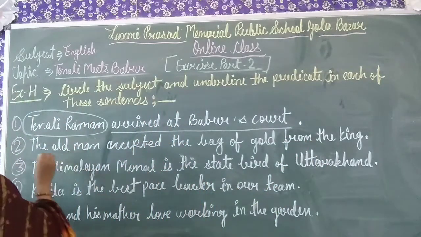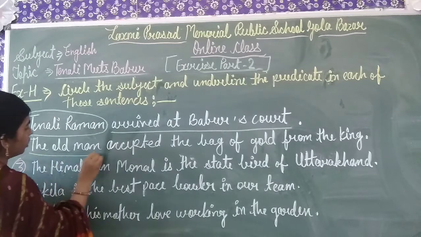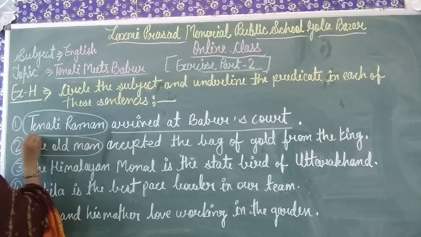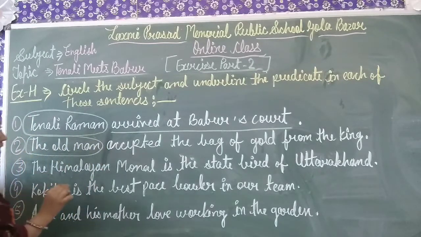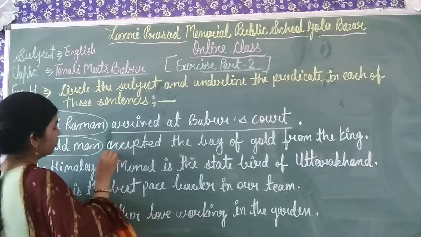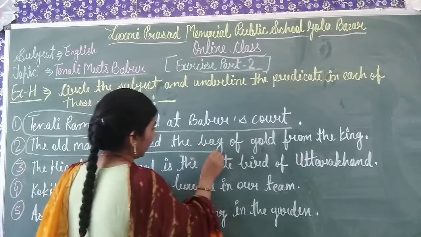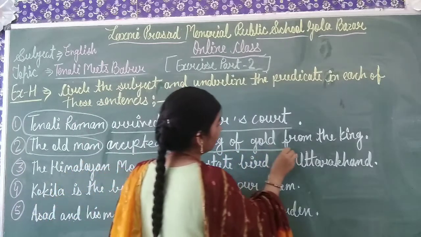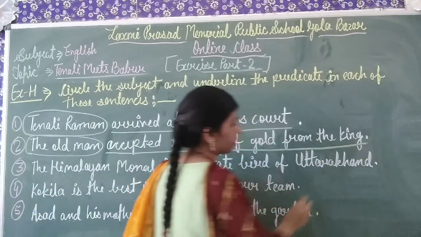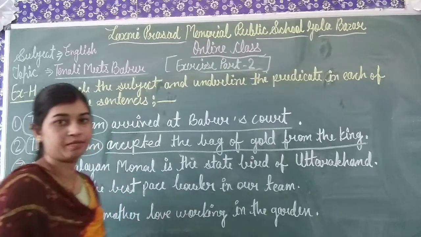So you have to circle the words the old man because this is a subject, and you have to underline these words, that is accepted the bag of gold from the king, which is the predicate.